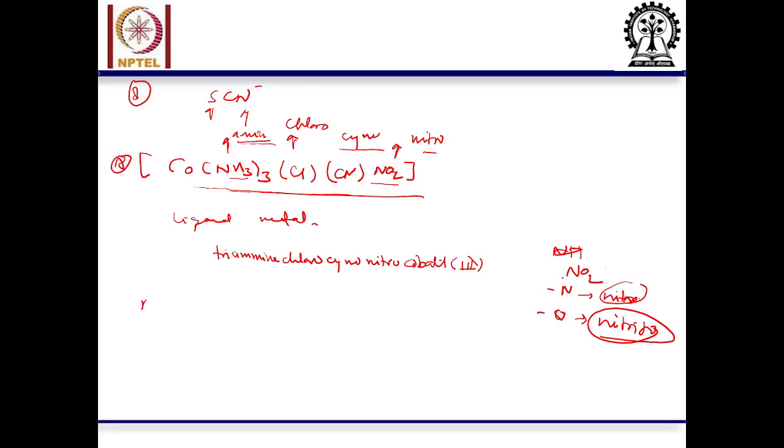Now I will give some more. This is A, this is B. Suppose I have given Fe(C5H5)2. Can anyone write the name for this compound in the chat box? Just write in the chat box.